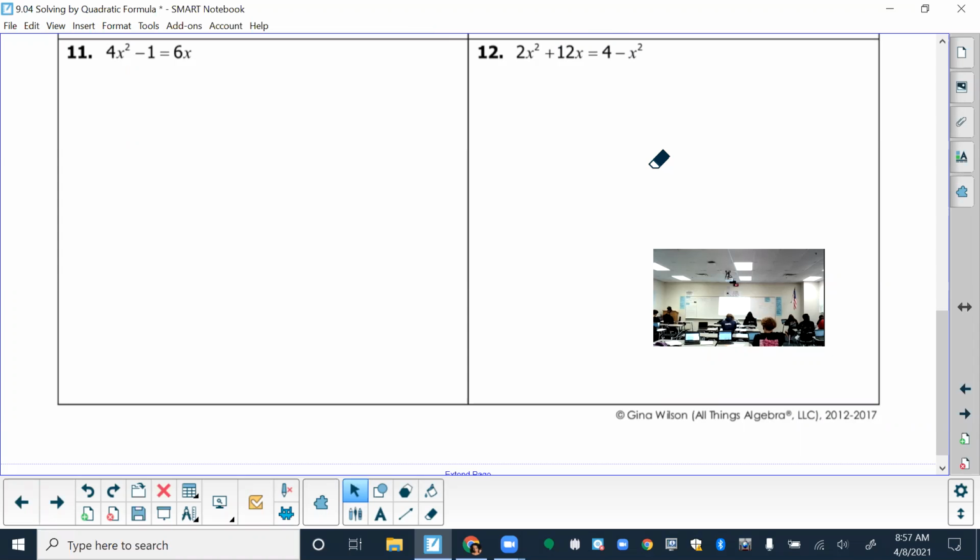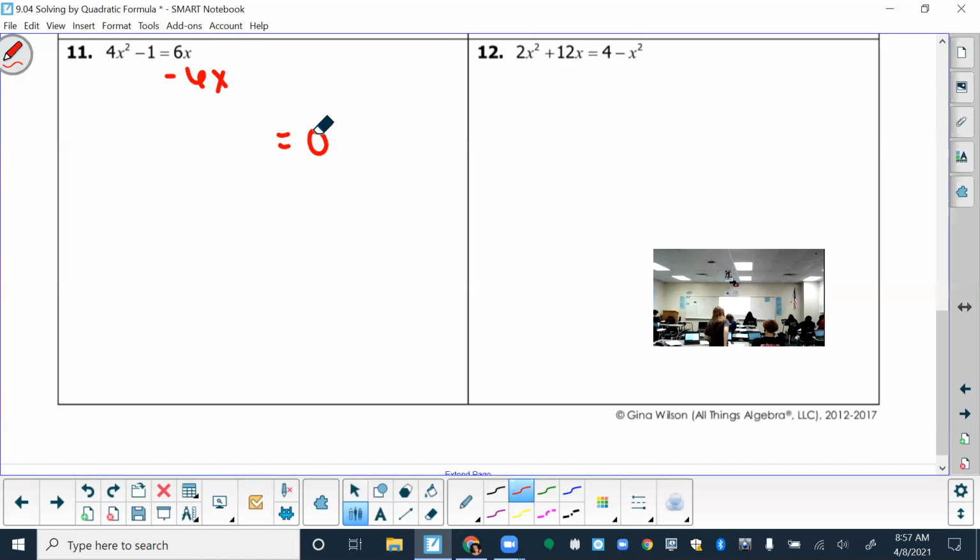Is it in standard form set equal to 0? All right, what's it equal to right now? 6x. Is that 0? So we need to make it 0. How can I make 6x equal 0? Good. So by subtracting 6x, I get 0 on the right side, which is what we want. And then to make this still be equal, I also have to do it on the left side.